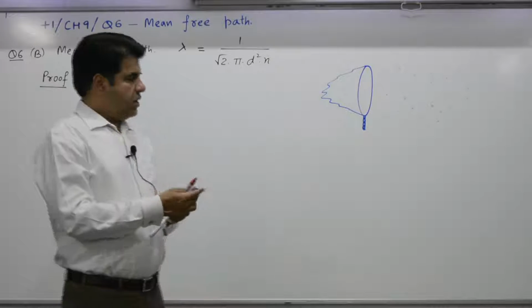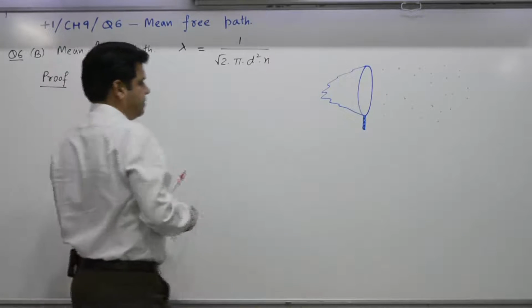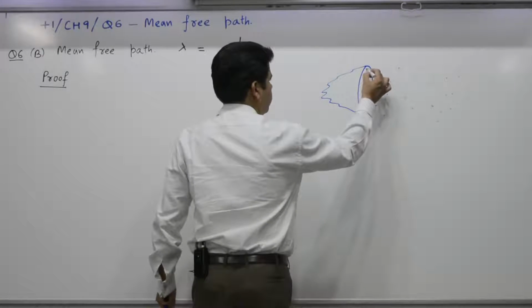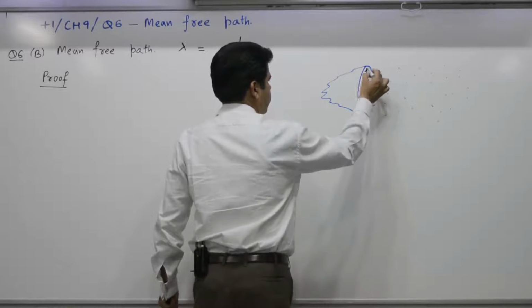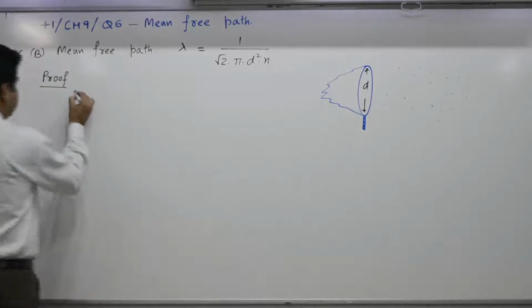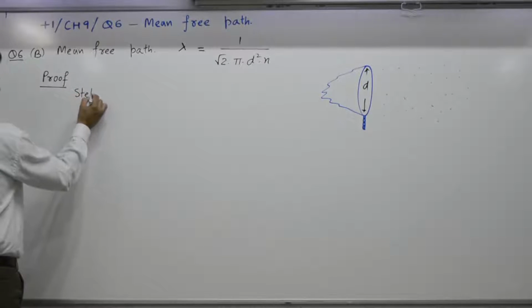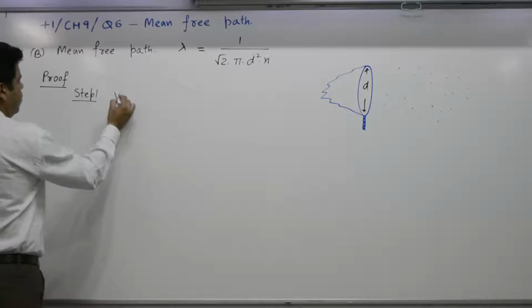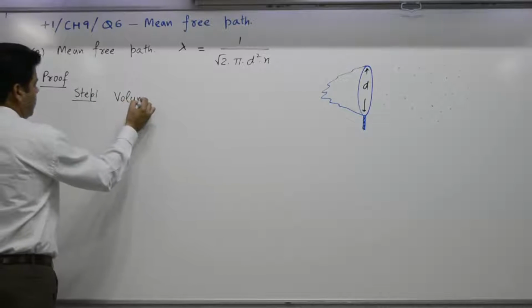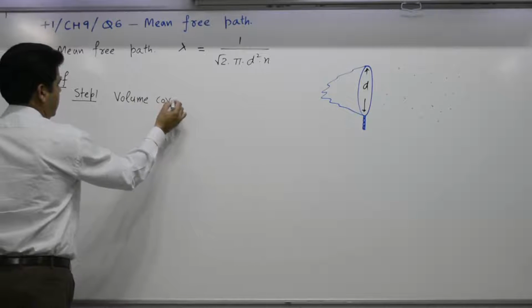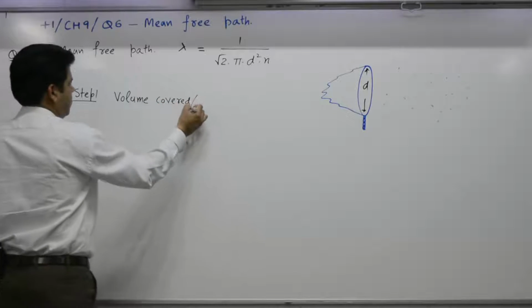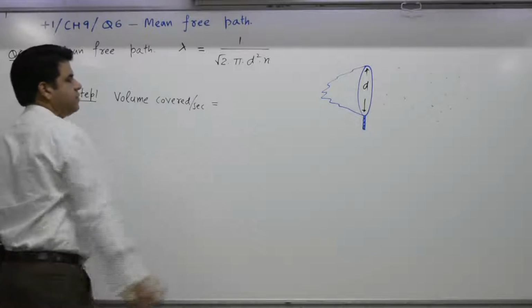So, if d is the diameter, step 1, volume covered per second.